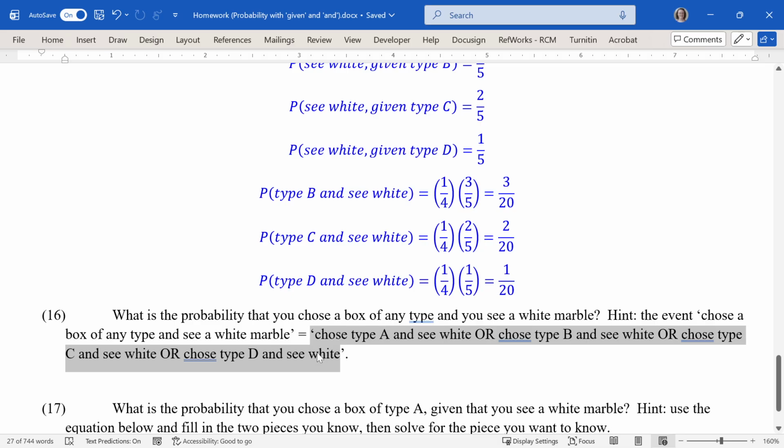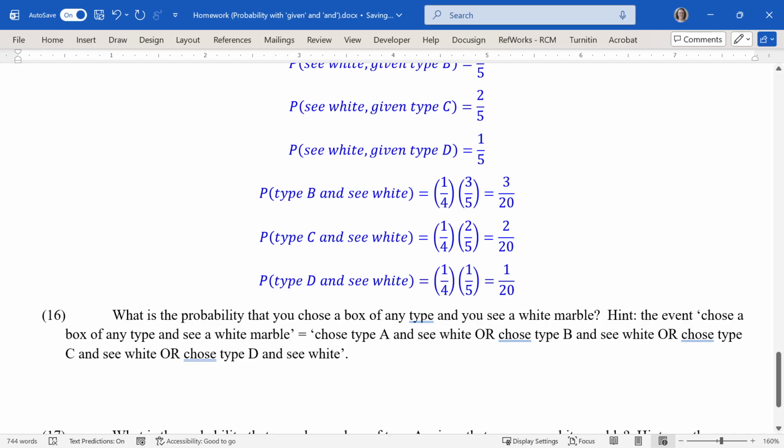Once you realize that this event can be broken down into an OR event, that means you can apply the OR formula. And these 4 ways that the event can happen are mutually exclusive. You cannot choose more than one box type. We're only doing the experiment once. And the experiment is choosing a single box and then looking at a marble once.